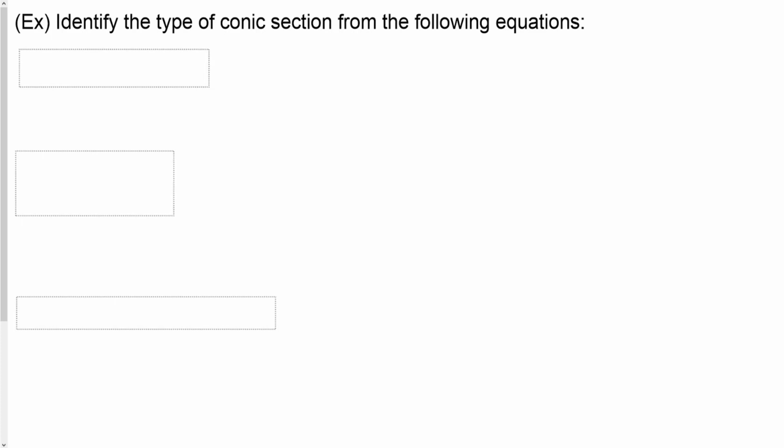But identifying is what we're working with in this particular section. So here's an equation that fits the general form standards. And how do we determine what type of conic this is? Well, first thing I notice is there's only one squared variable. And when there's only one squared variable, you're dealing with a parabola.